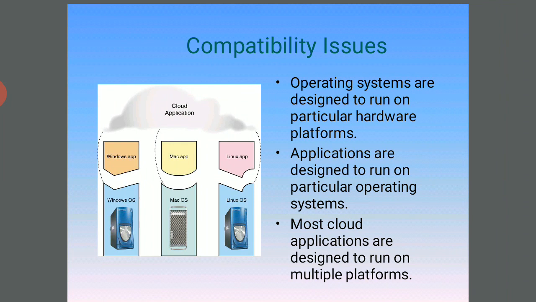The operating systems are designed to run on particular hardware platforms. The applications are designed to run on particular operating systems. Most good applications are designed to run on multiple platforms.